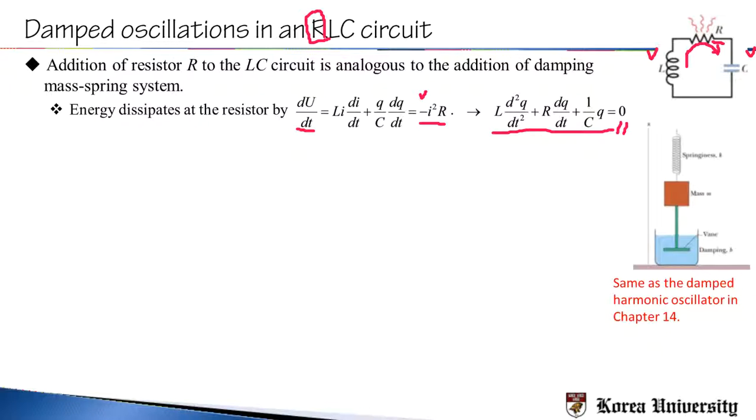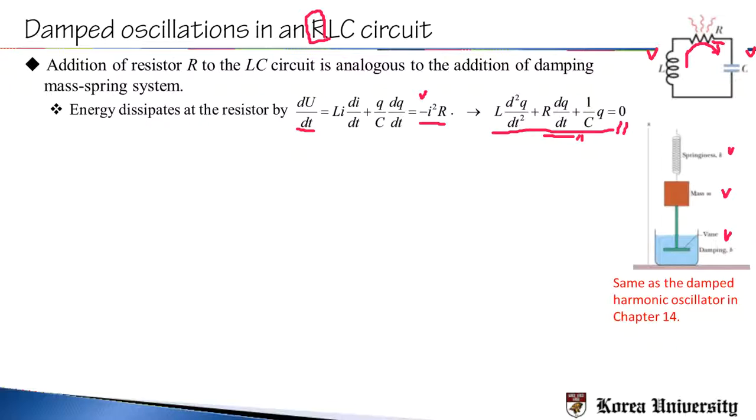I'm sorry. I do not actually expect you to understand how we get this and then how we solve this. This is a little bit too difficult for us, but still, let's try to learn something from it. Actually, this RLC circuit is again very similar to the mechanical oscillator, including mass, spring constant, and a damper.